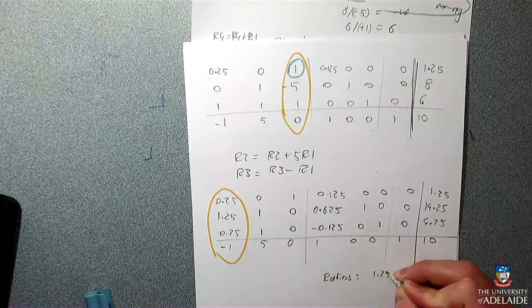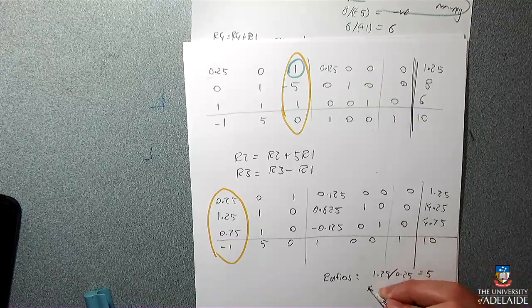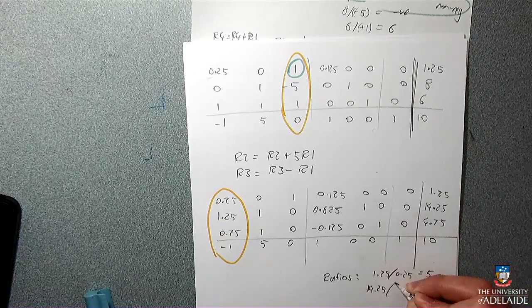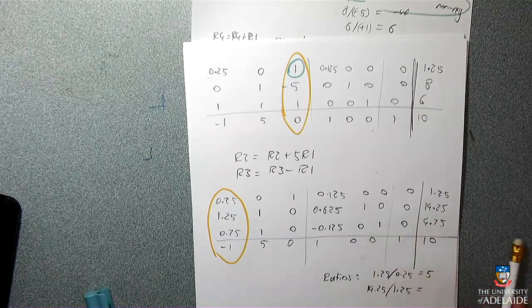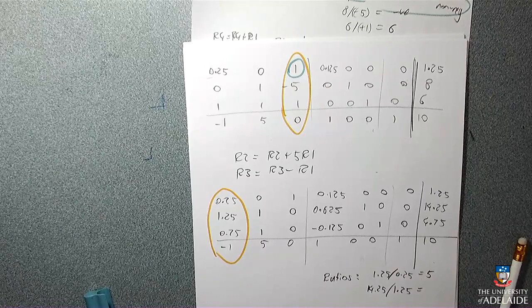So 1.25 divided by 0.25 is 5. 14.25 divided by 1.25. I don't want to do that one in my head. It's bigger than 5 though. Whatever it is, it's more than 5.